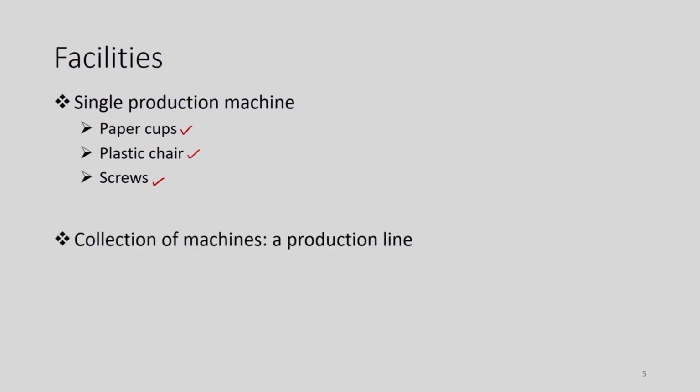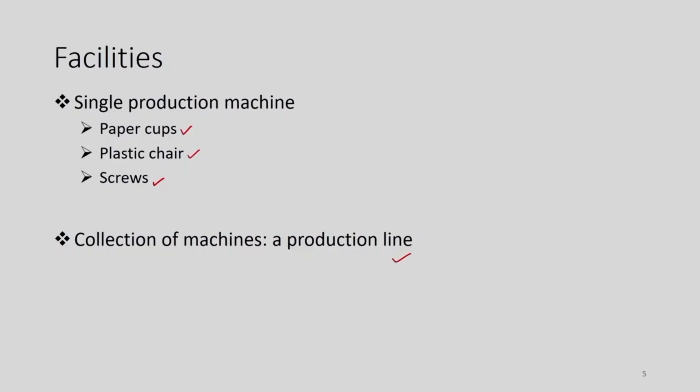The next part, when we are having multiple production machines which are grouped together and they are carrying out the production operation, that is called the production line. So, a simple example of a production line is assembly of automotive, assembly of a two-wheeler or a four-wheeler. You might have seen such videos on YouTube as well.